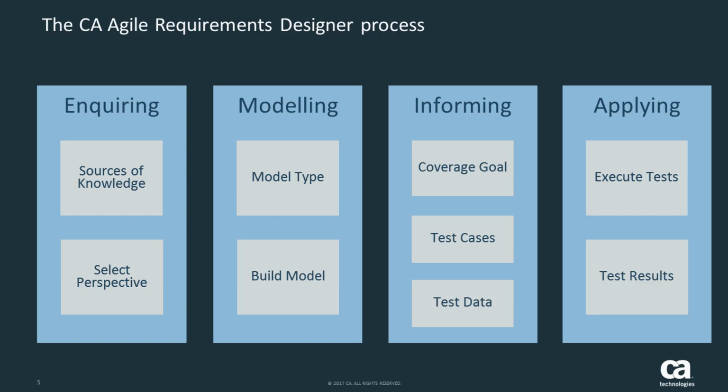I'm not going to talk too much about test data, although clearly test data is critical to the process, and CA's Test Data Manager tool can help you significantly to manage, manipulate, generate, find and so on test data to support the test preparation process, if you like. Now, the applying phase, of course, is critical, but it's not so relevant to the thinking earlier on and the modelling and the use of ARD. So I'm not going to dwell on that for very long.